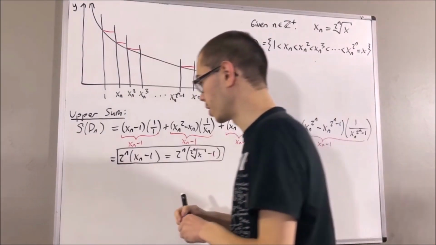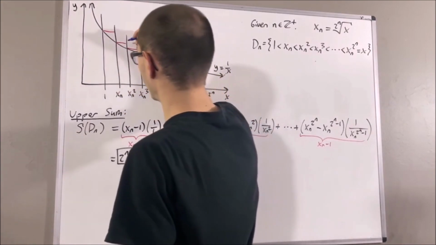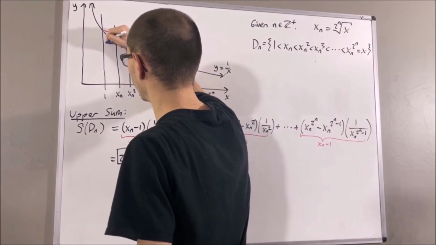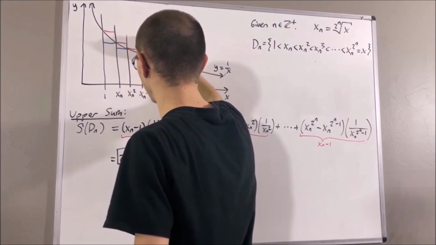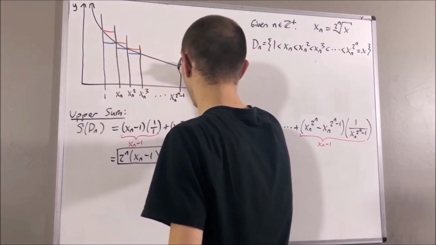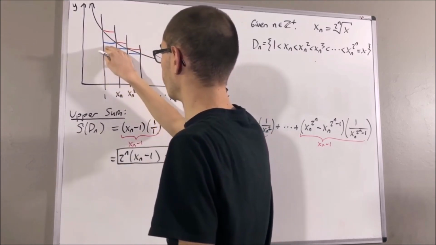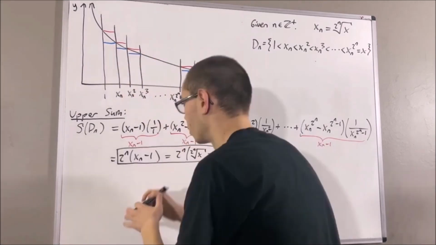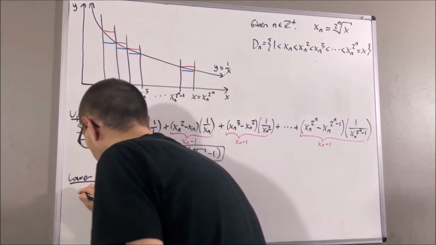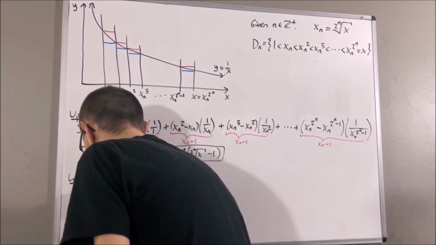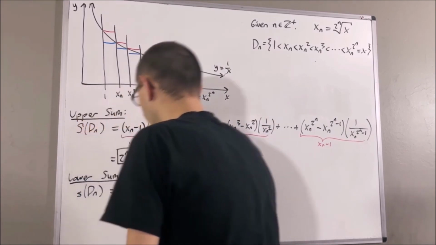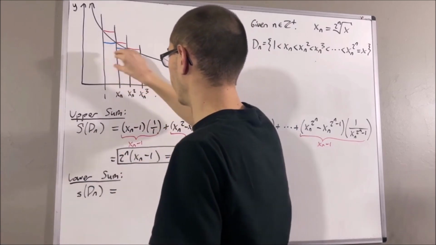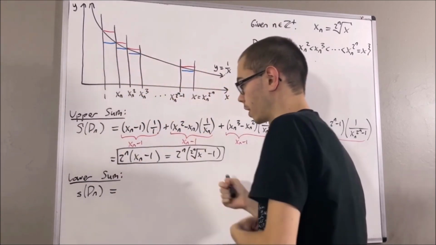So now we're going to consider the lower sum, which is going to be the sum of the areas of these rectangles, the rectangles that I'm drawing in blue, up to the blue lines. I'll denote the lower sum by little s of d_n. Let's figure out the sum of the areas of these blue rectangles.